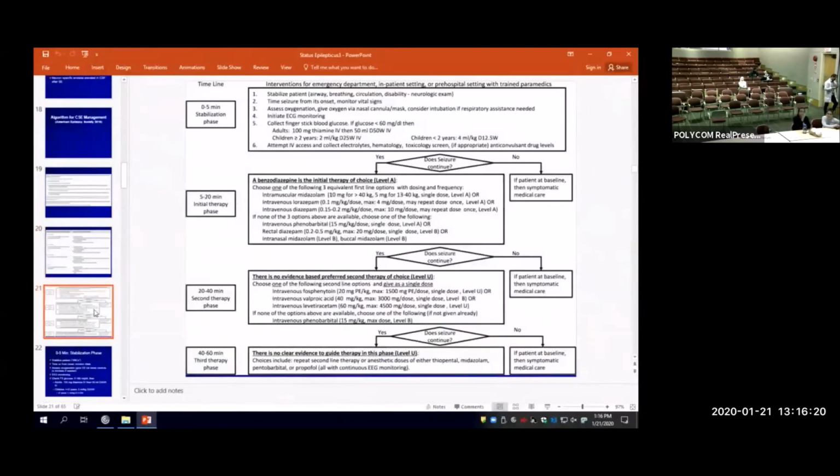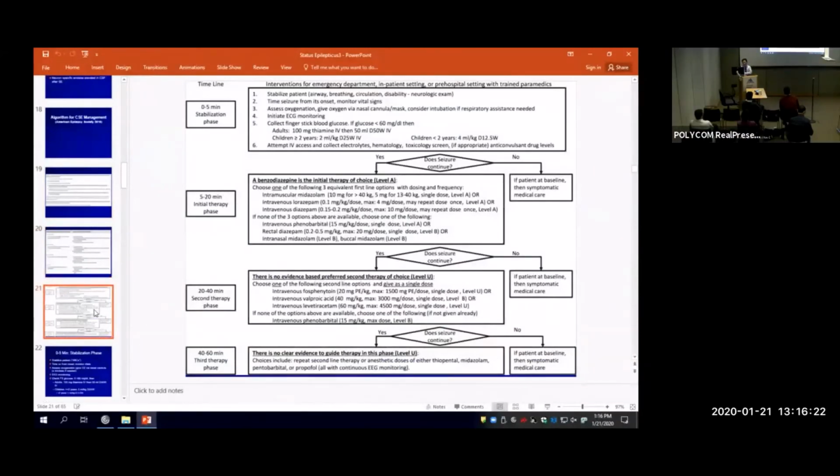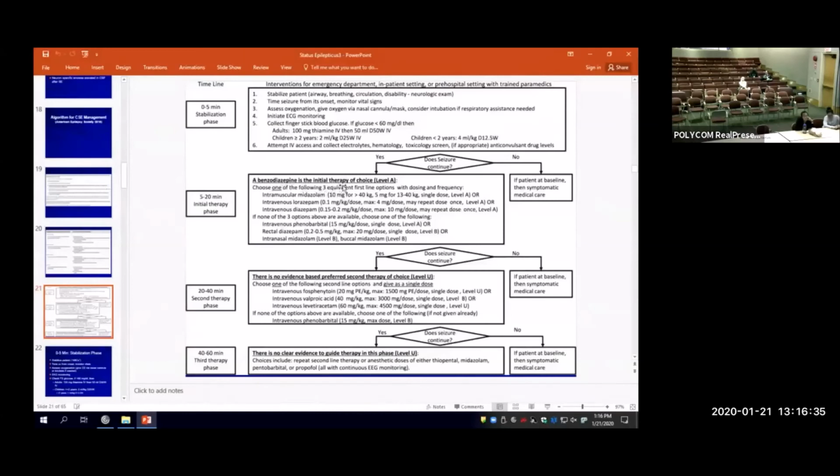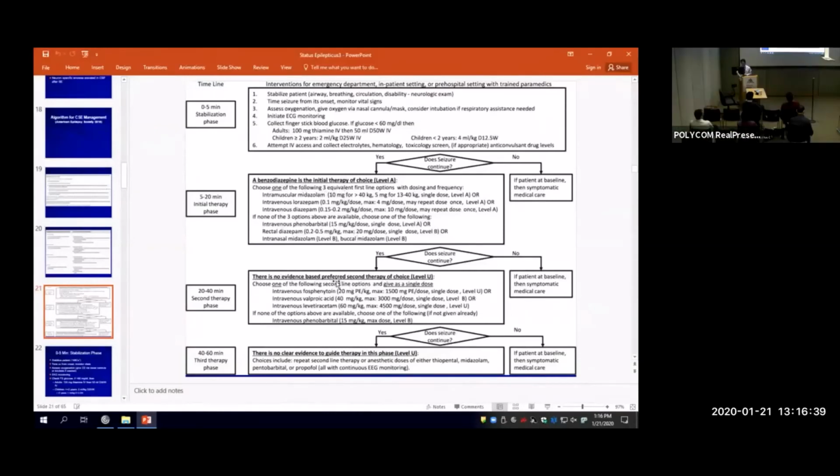So this is the most recent status regimen, at least from the American Epilepsy Society, and it's very similar to the Critical Care Society. The initial choice is benzo, and after that, it's your choice. The scientific literature data is class U, which is basically unknown. They suggest you can use fosphenytoin, valproic acid or levetiracetam.